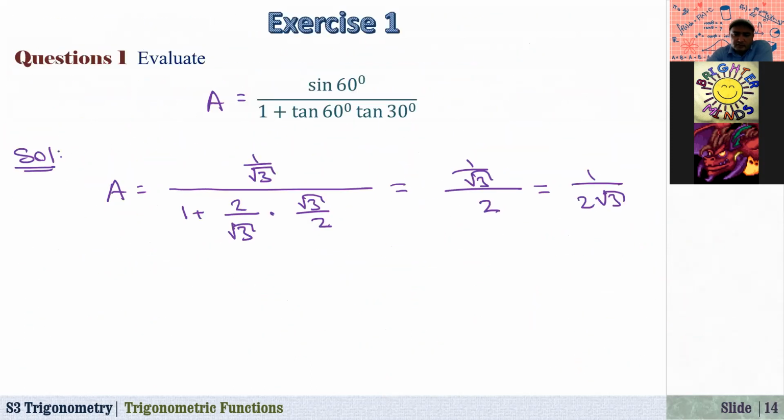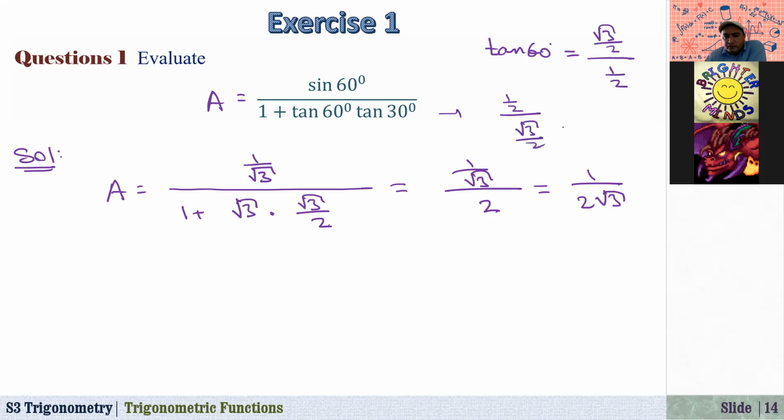Sine is square root of 3 over 2 and cosine is 1 over 2, so that's equal to square root of 3. Square root of 3 times tangent of 30: sine of 30 is 1 over 2 and cosine is square root of 3 over 2. That is 1 over square root of 3.